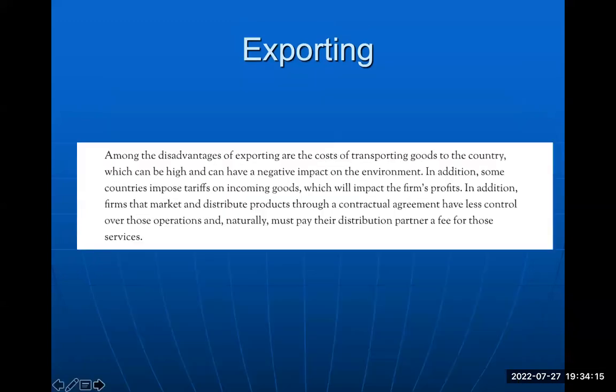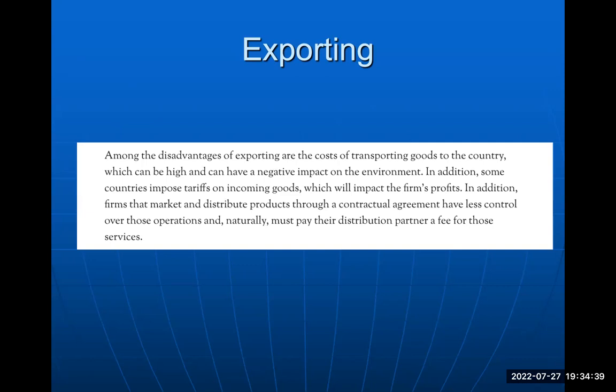All right, and they talk a little bit about some of the disadvantages of exporting. One of the biggest disadvantages is that you literally don't have any control over the distribution and promotion of your product, right? Sometimes exported goods face higher tariffs and even quotas.